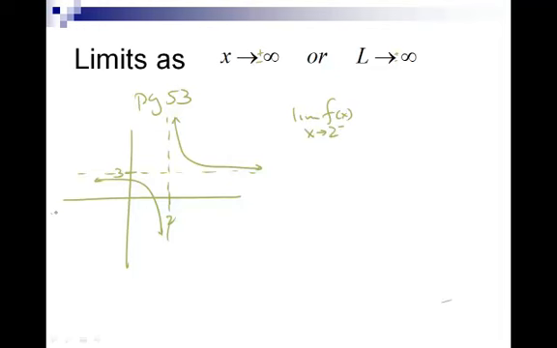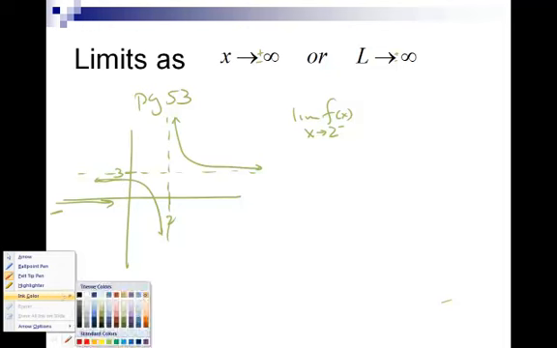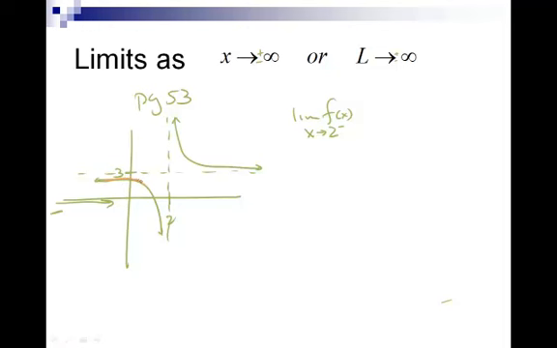So let's first look at the limit of this function as x approaches 2 from the left. Remember, that means starting here at the negative side of the graph and coming towards the right. As we approach 2 and I follow along the graph in this direction, you can see that we are heading towards negative infinity. The graph is going to continue. The closer I get to 2, the closer the y value, or the limit, is to negative infinity.